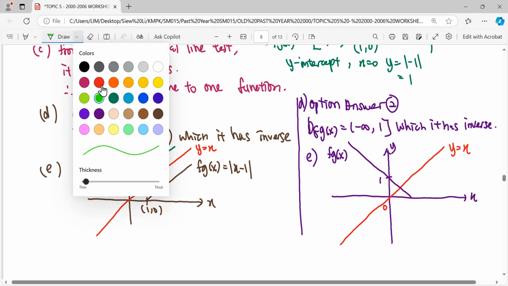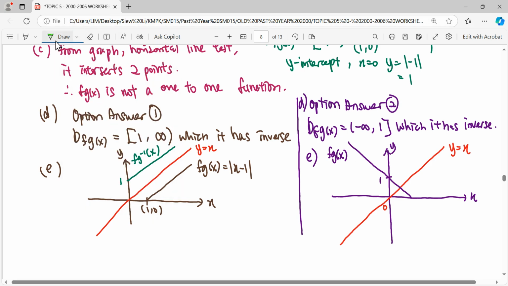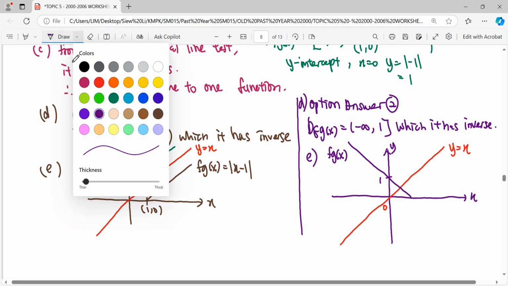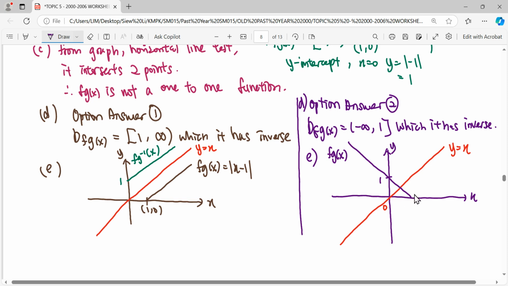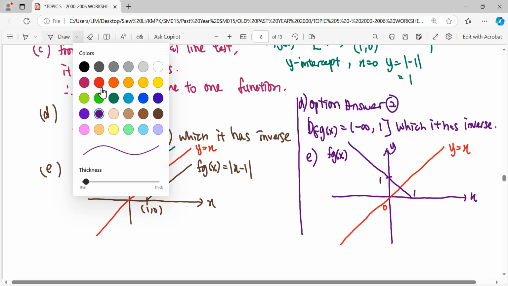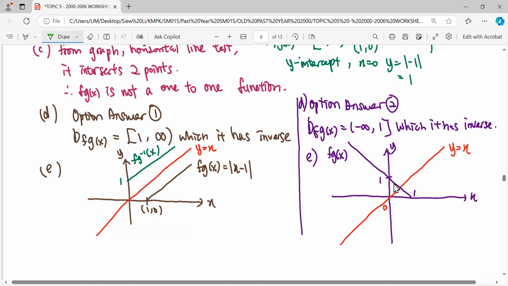Maybe I draw with this, it will be clearer. So this side of 1, when I reflect, it will get to here. And this side, it will prolong down to here. So this is fg inverse.